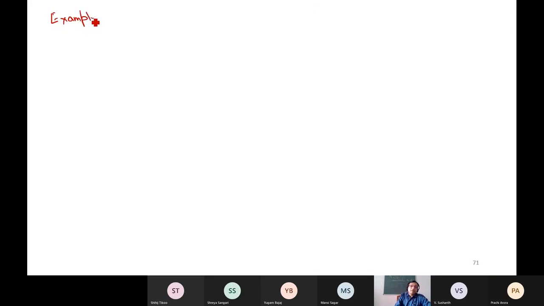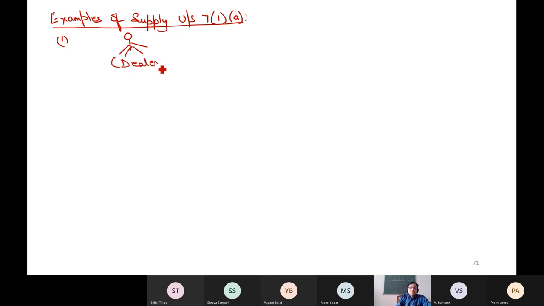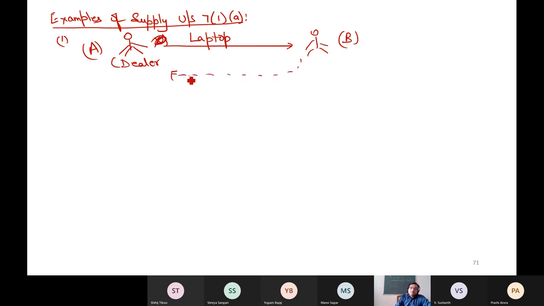Now I will use the word supply. Examples of supply under section 7(1)(a). First example, Mr. X, dealer. I am giving the example of laptop, a very simple example. Let us assume A gives laptop to B. B has given 40,000.